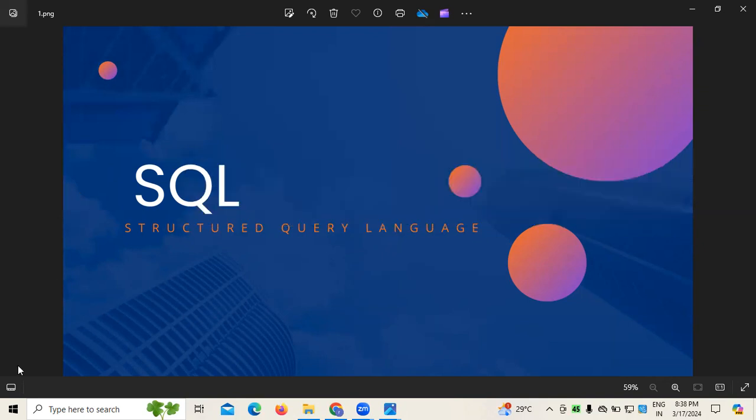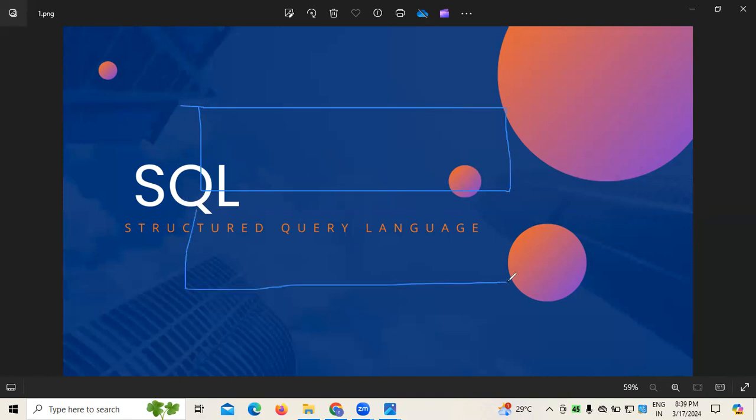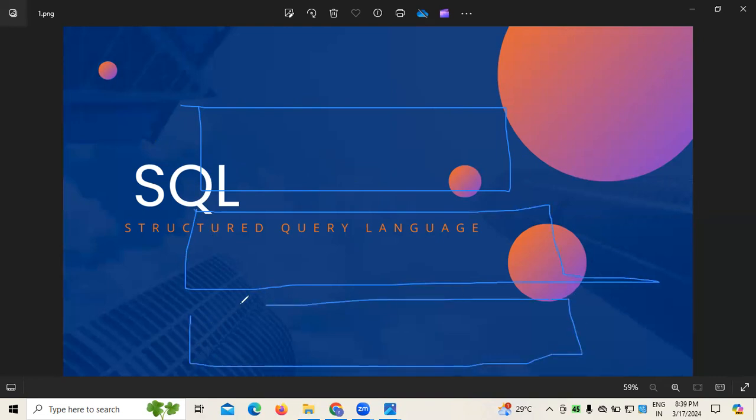Because any application will have three different layers: layer 1, layer 2, layer 3.